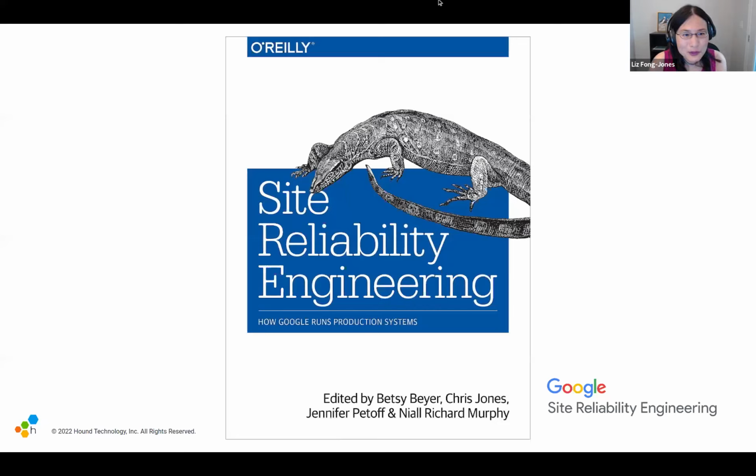But most relevantly here, we should think about how SRE has focused a lot on how you lower your toil, how you keep your systems operable for the long term. In parallel, the SRE book was published in the mid 2010s, I think 2016 or 2017.